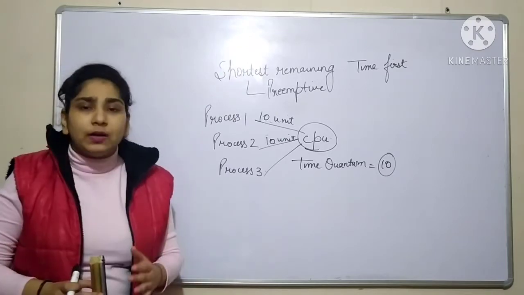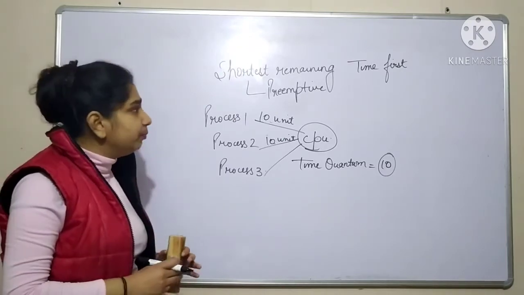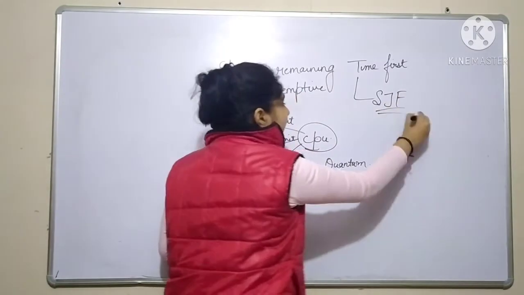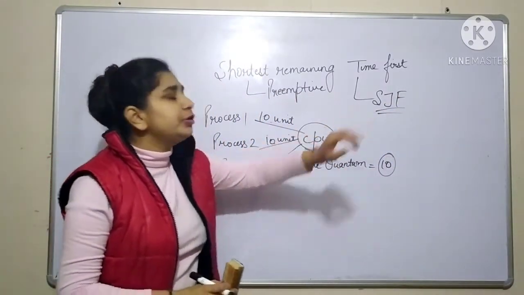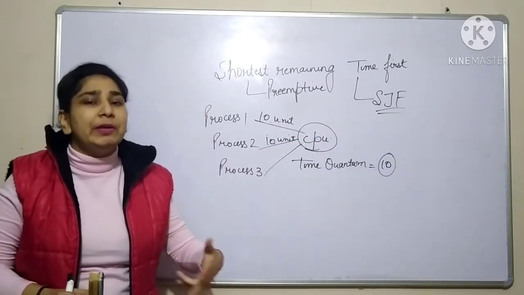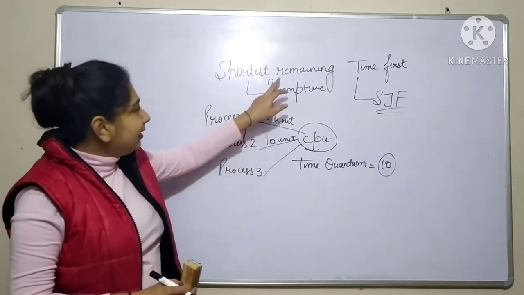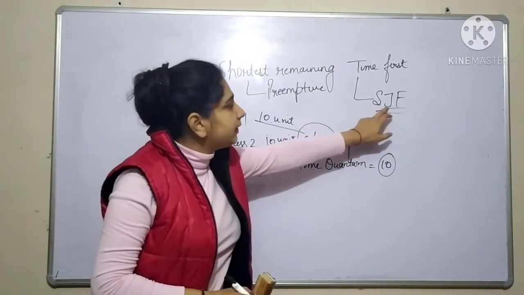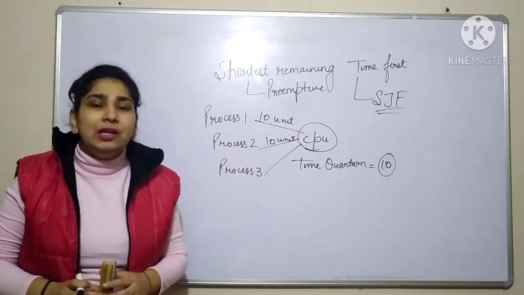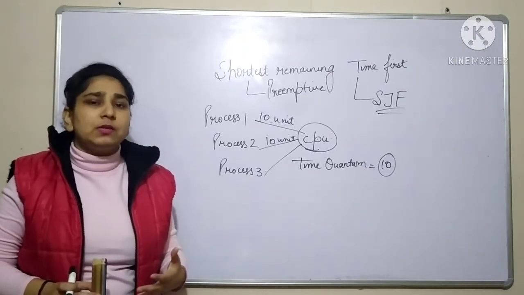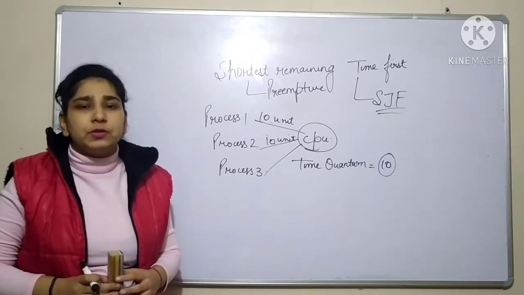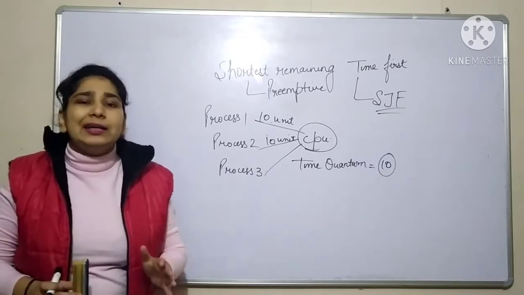So by looking at this problem of the round robin algorithm, we thought of the shortest remaining time first algorithm. This shortest remaining time first algorithm is a preemptive version of shortest job first. I have made one video on shortest job first, which is a non-preemptive algorithm. By looking at this problem of round robin, we tried to improve performance by giving more priority to the shortest jobs.